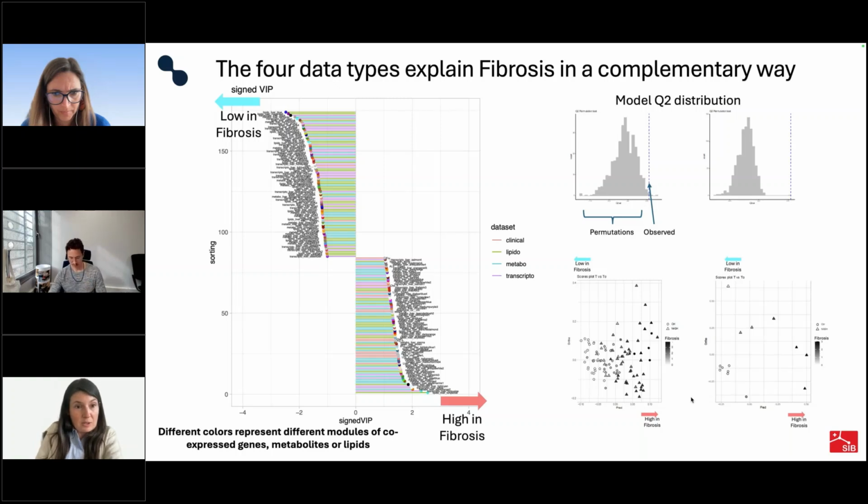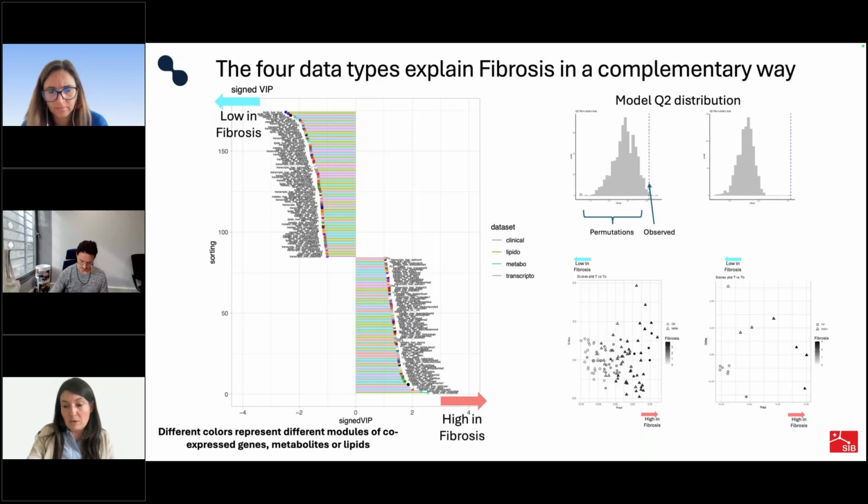That can be negative or positive depending on whether they are low or high in fibrosis. The model is significant, as assessed by permutations, and human and mini pig samples are distributed gradually in the predictive component space with increasing fibrosis.